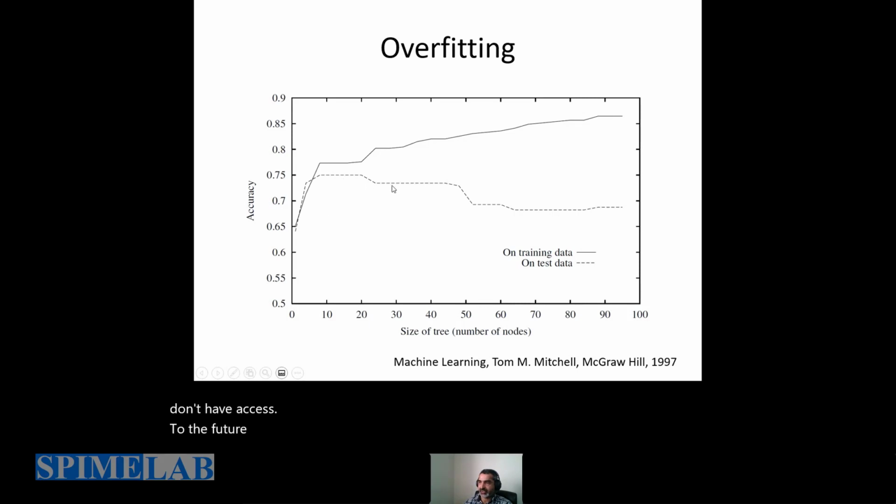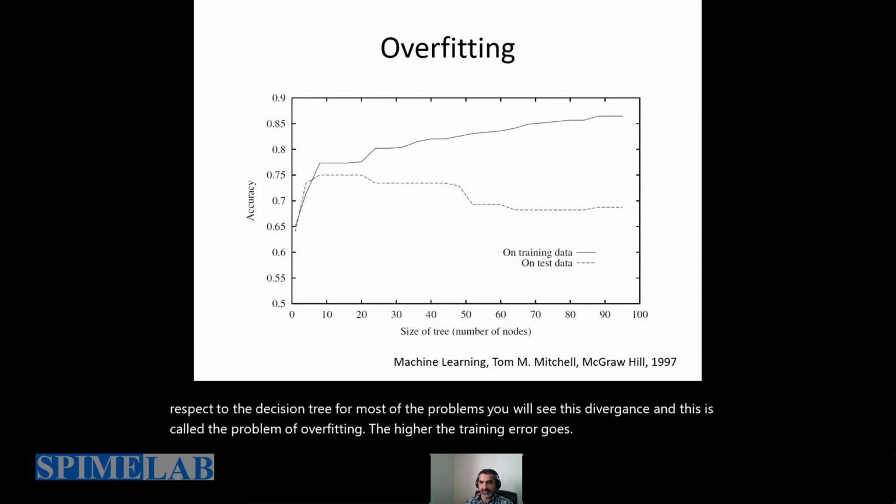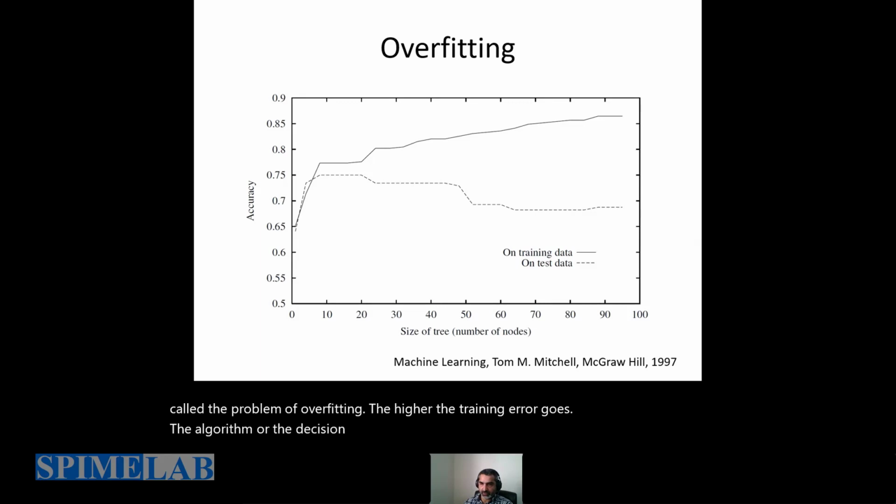That's why we split into train and test. And if we plot this error with respect to the decision tree, for most problems you will see this divergence. This is called the problem of overfitting. The decision tree is memorizing, overfitting to the examples and becoming less and less generalizable for the test data.